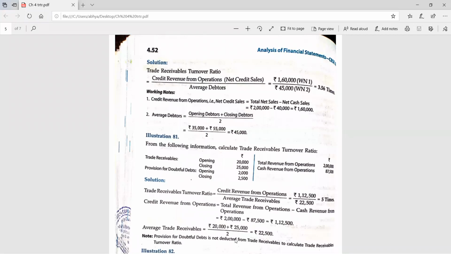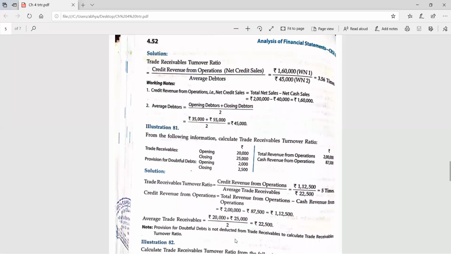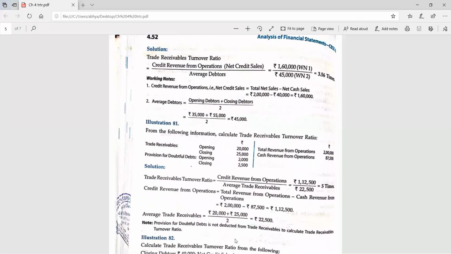Yes, Abhishek, you can also try. I never get an answer from your side. Akash, Abhishek, Akshat, it seems that you people have just joined the class and are not attending it. Yes, Abhishek, very good. So credit revenue from operations is 1,12,500.